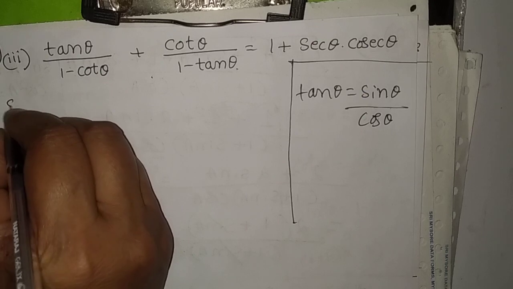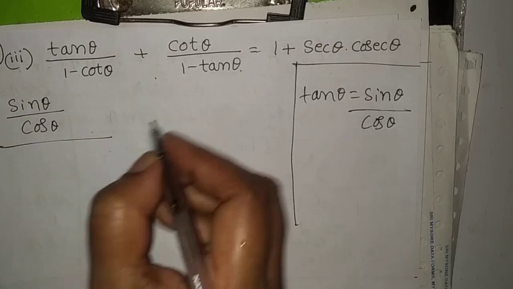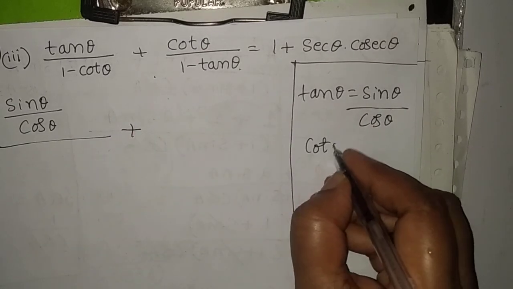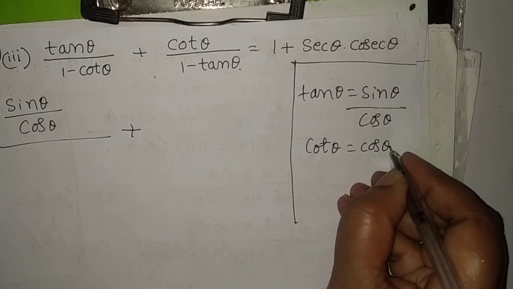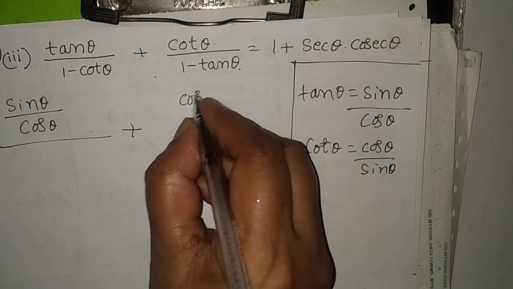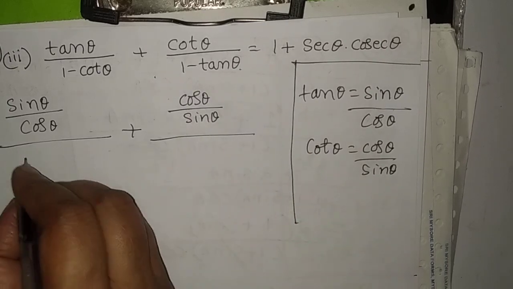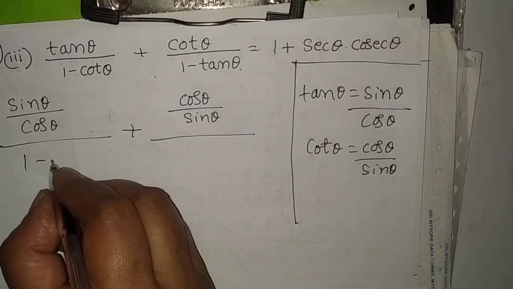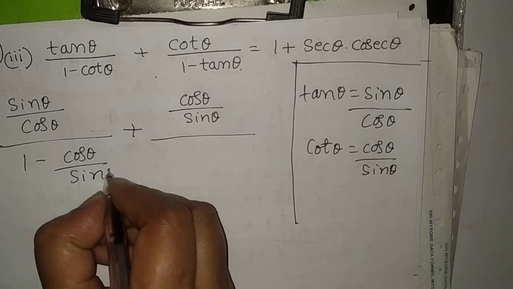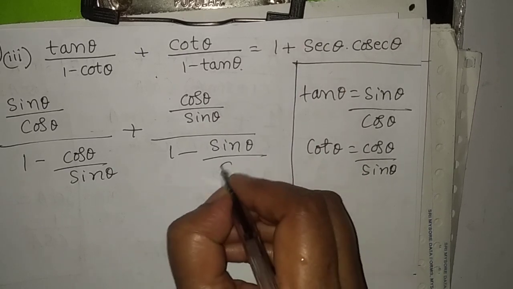So apply here sin theta by cos theta, plus here, as we know, cot theta is equal to cos theta by sin theta. 1 minus cot theta, again we can write it as 1 minus cos theta by sin theta.